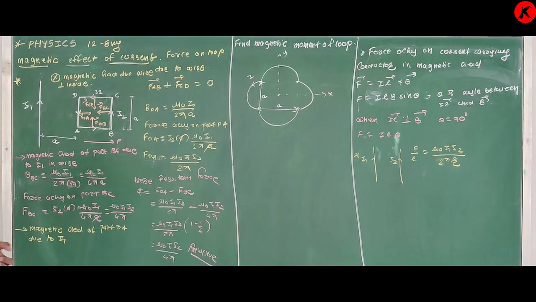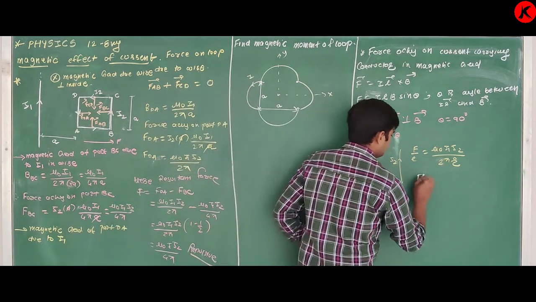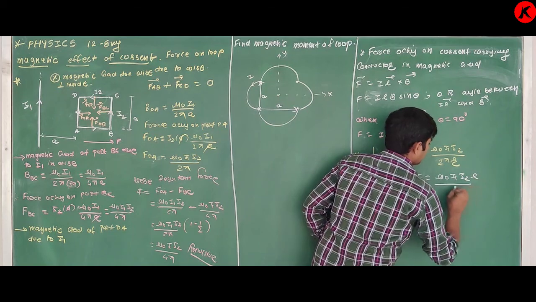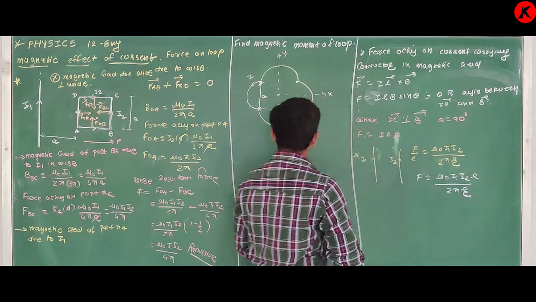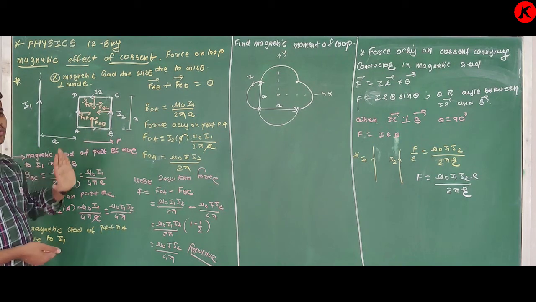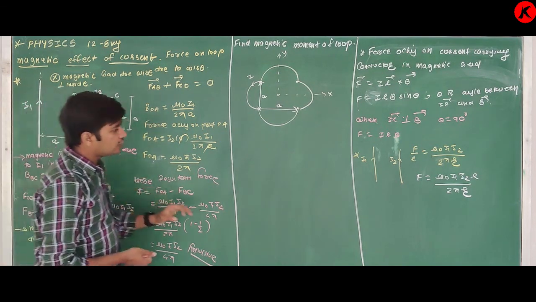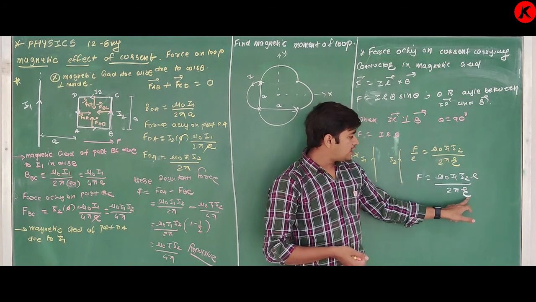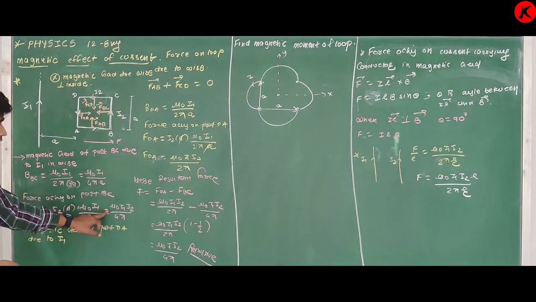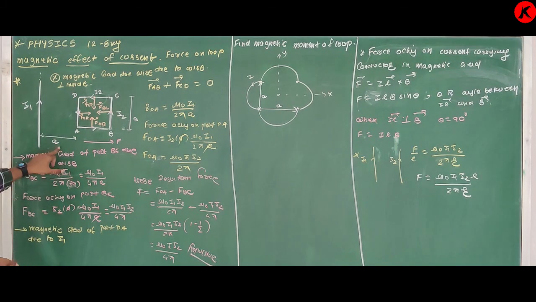If you write L, then F is equal to mu 0 I1 I2 L upon 2 pi r. For this wire BC, it is at distance 2a, and what is length of this wire? It is a. So here you have to put a, and here you have to put 2a. So basically you will get the same equation. For this wire, you have to put a and a.